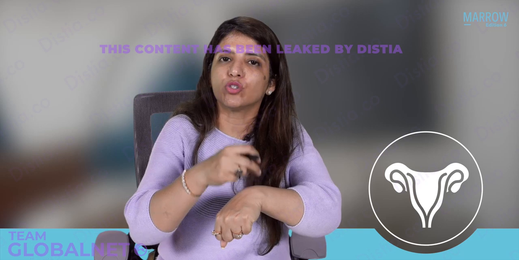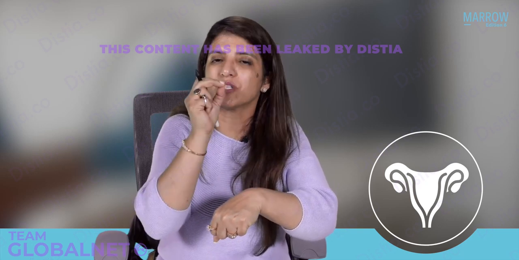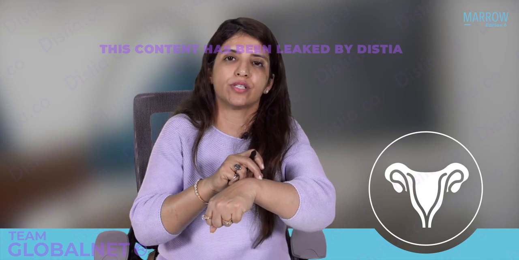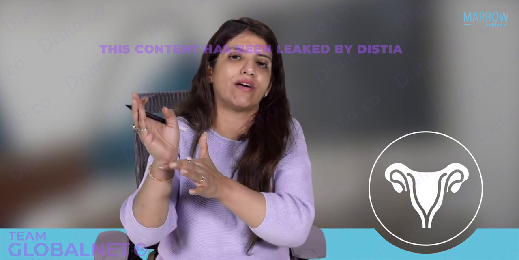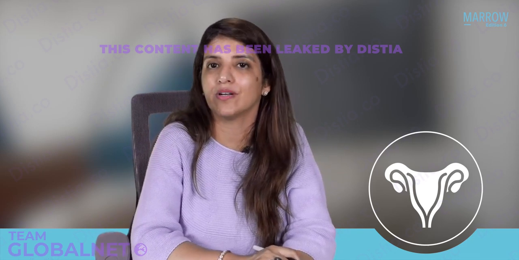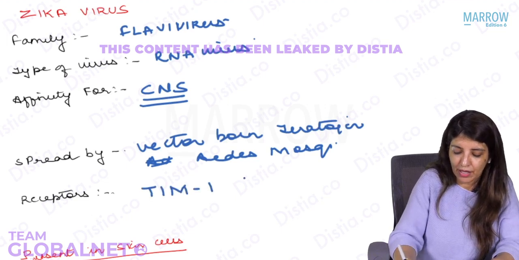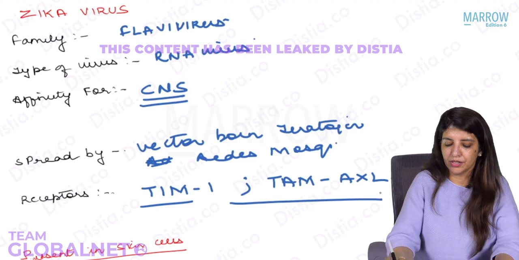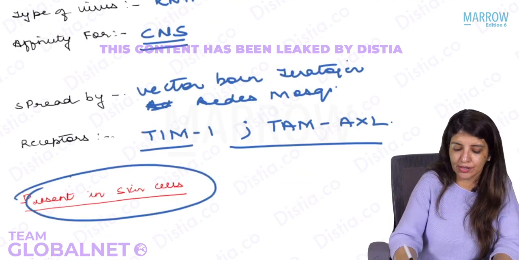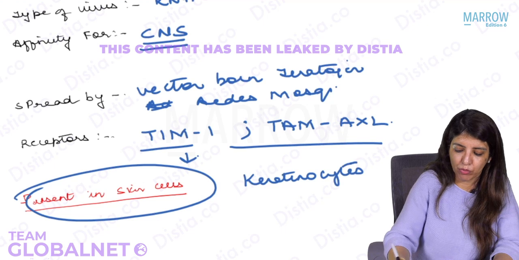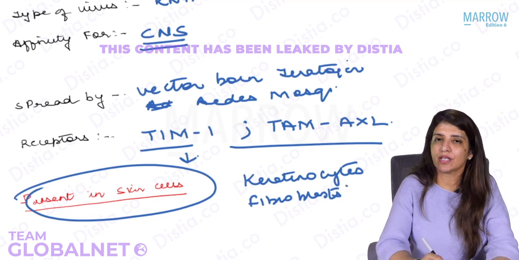So when a mosquito carrying Zika virus bites a person who is not infected, the virus gets attached to the receptors present on the skin, and from there it travels ahead, having affinity for the central nervous system, right? These receptors are the TIM1 receptor and TAM-AXL receptors, which are present on the skin cells, on keratinocytes and fibroblasts.